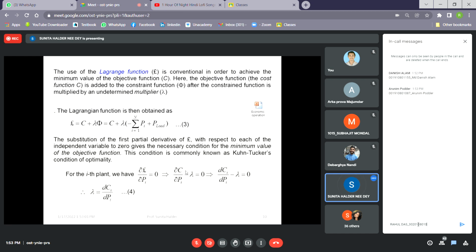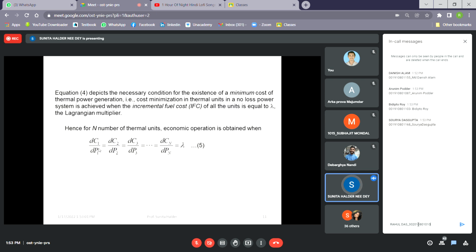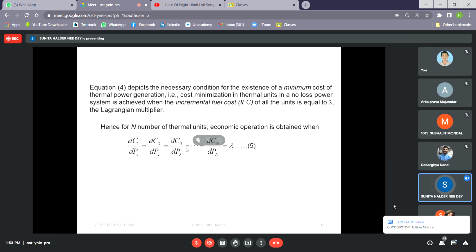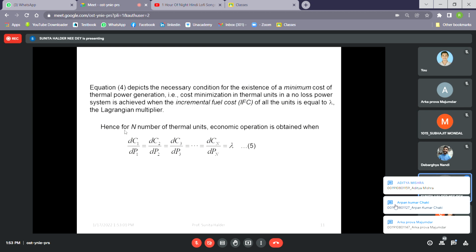So this is lambda equal to dCi by dPi, and that is applicable for any generator. So actually for every generator we can write these equations, right? Now dCi by dPi, for example dC1 by dP1, is a function of P1 only. So how many equations can we form from here?